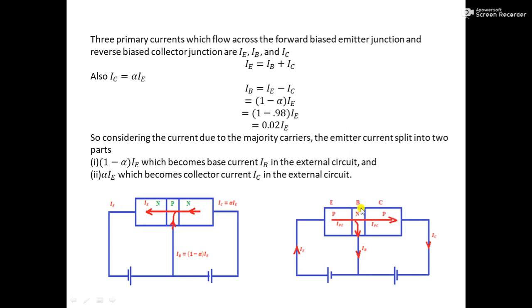And this is the PNP transistor. In this case, the holes are moving from emitter to collector, so the emitter current is flowing in this direction, and IE is the sum of IB plus IC, so the directions are here.